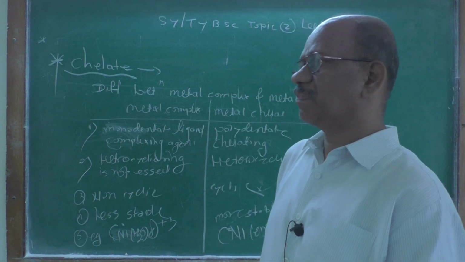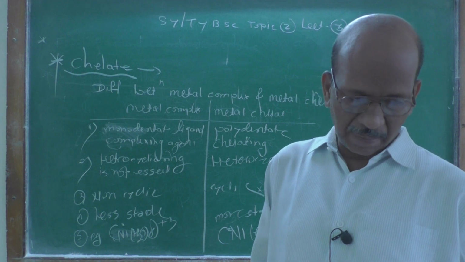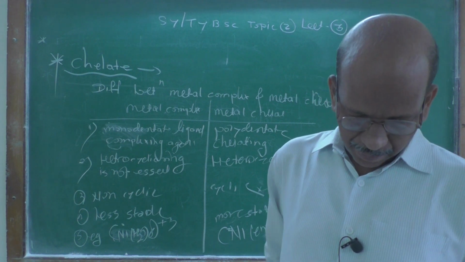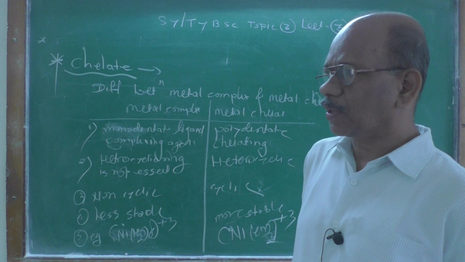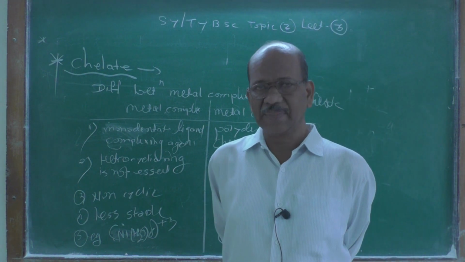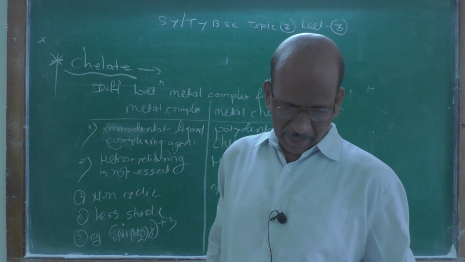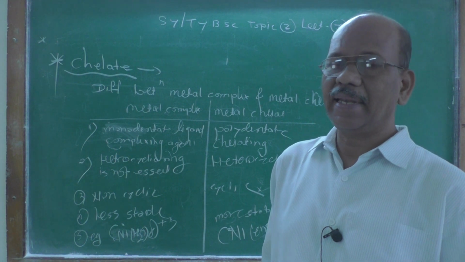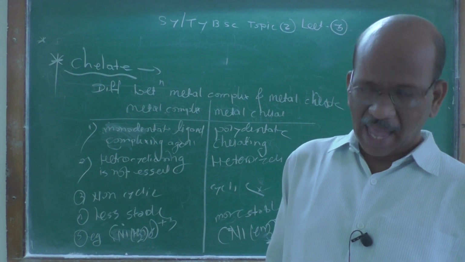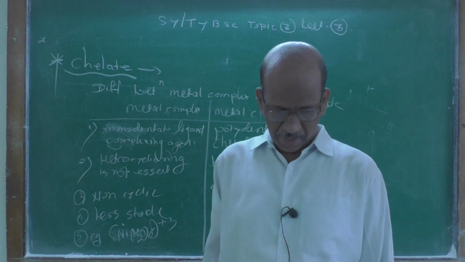Then again classification of ligand based on the capacity to donate electron pair as monodentate ligand and the polydentate ligand. Then I have explained coordination number.